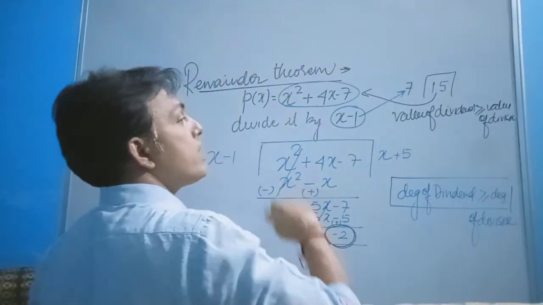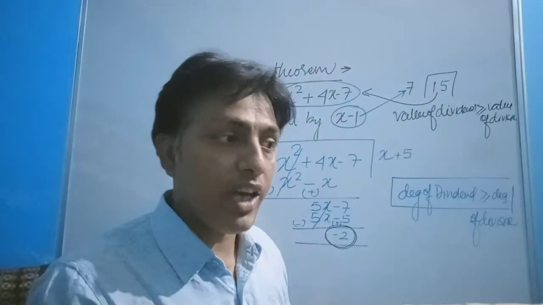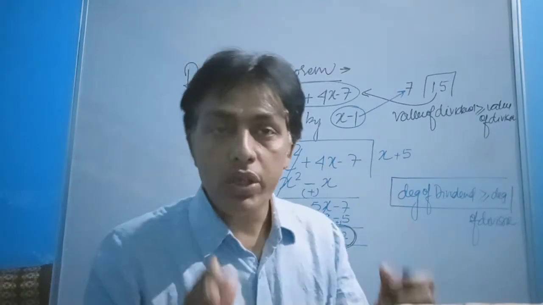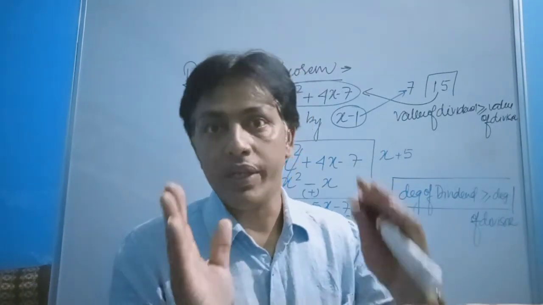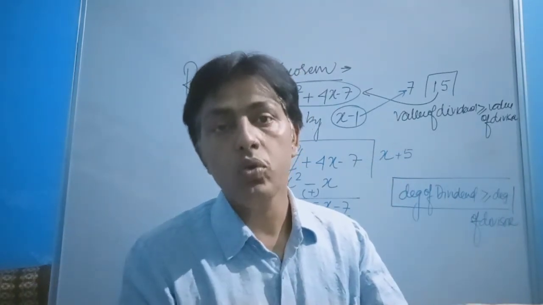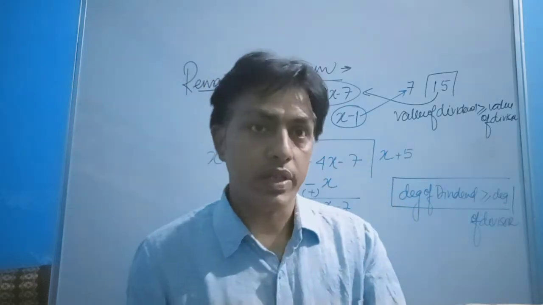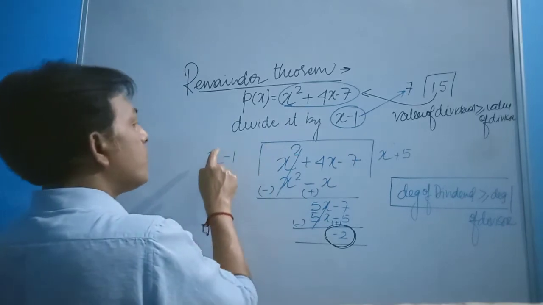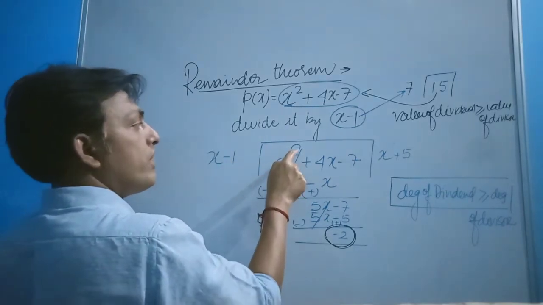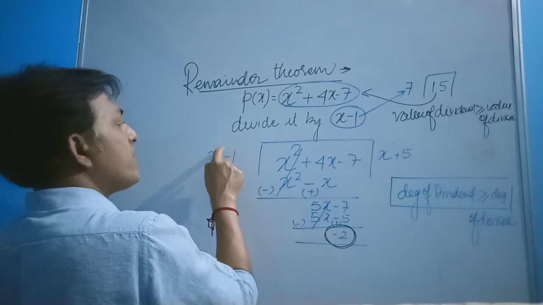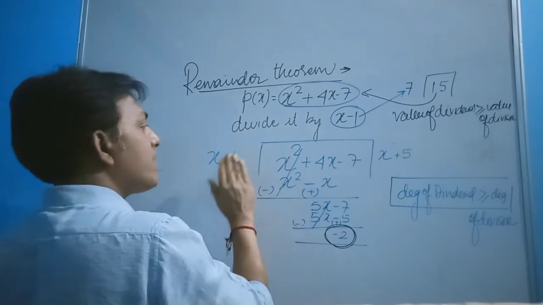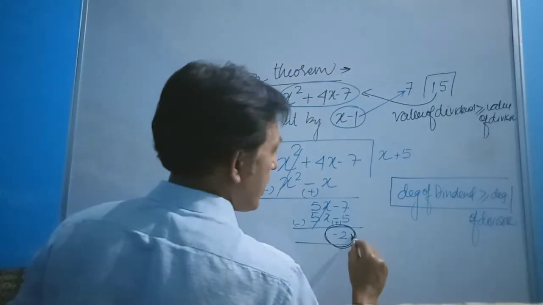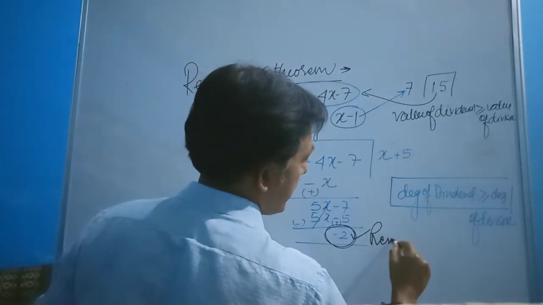So when you are dividing a polynomial by another polynomial, we have a condition for division, and that condition is: degree of dividend should be greater than or equal to degree of divisor. So here the degree of the dividend was 2, and the degree of the divisor was 1. Since it is greater, it means it can be divided, and we have divided, we got the remainder.